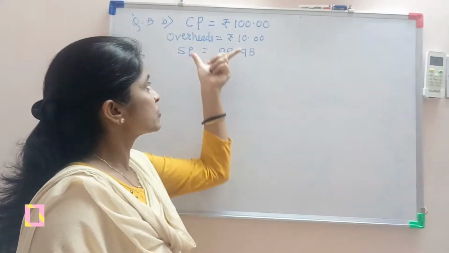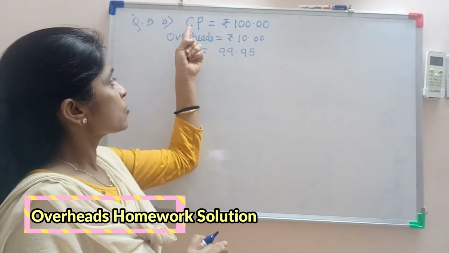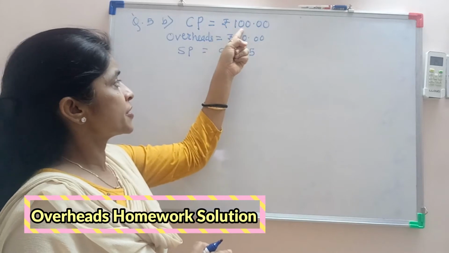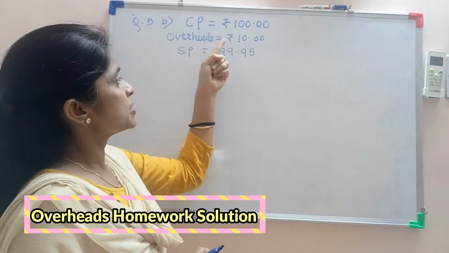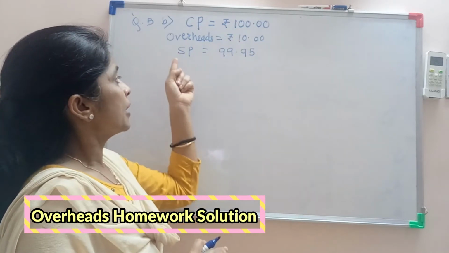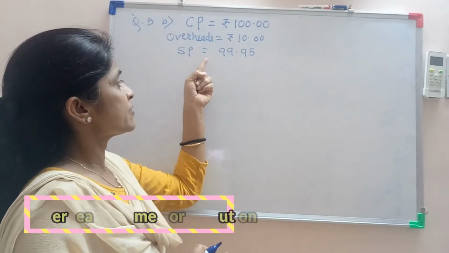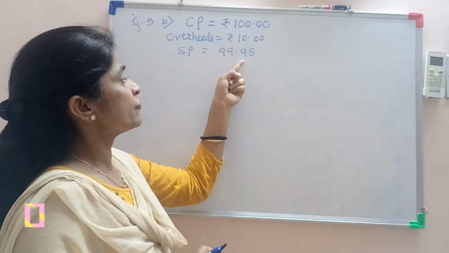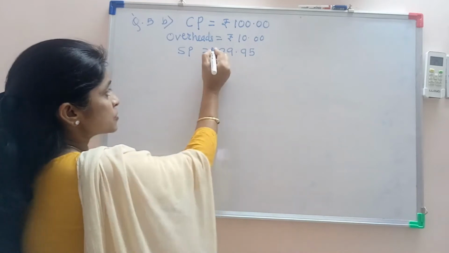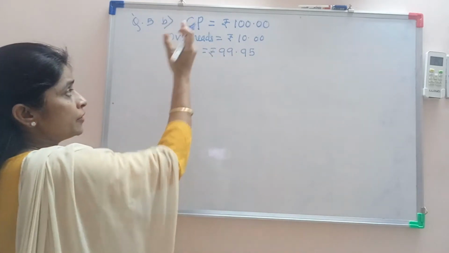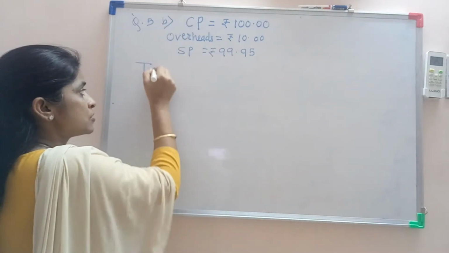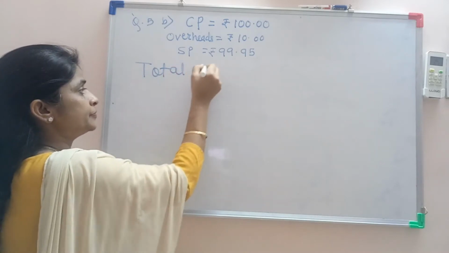See the solution for this example, where the cost price is rupees 100, overheads rupees 10 and selling price is given rupees 99.95. Students, now first of all we will take out total CP.